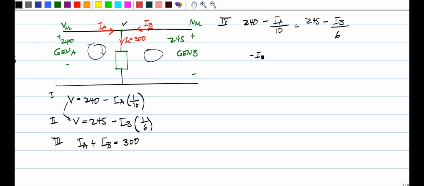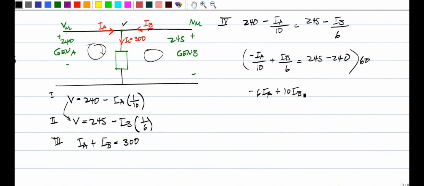So negative IA over 10 plus IB over 6 is equal to 245 minus 240, times 60. We have 6IA plus 10IB is equal to 5 times 60, 300. This is equation 4.